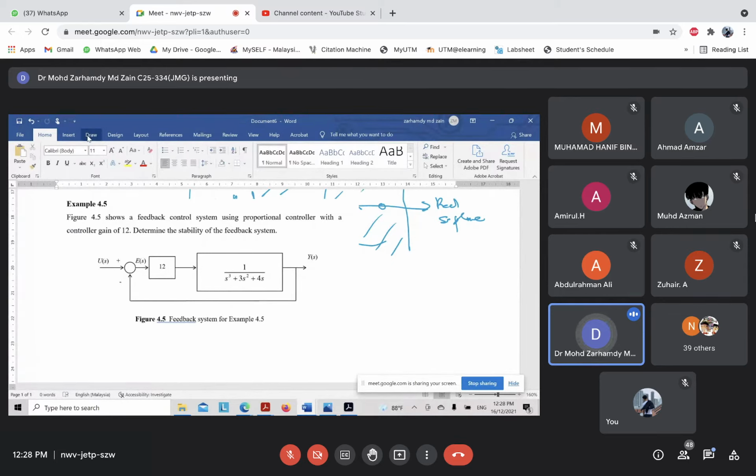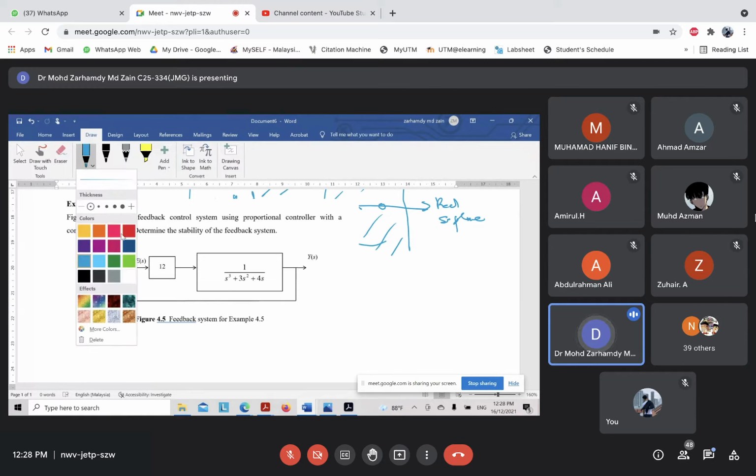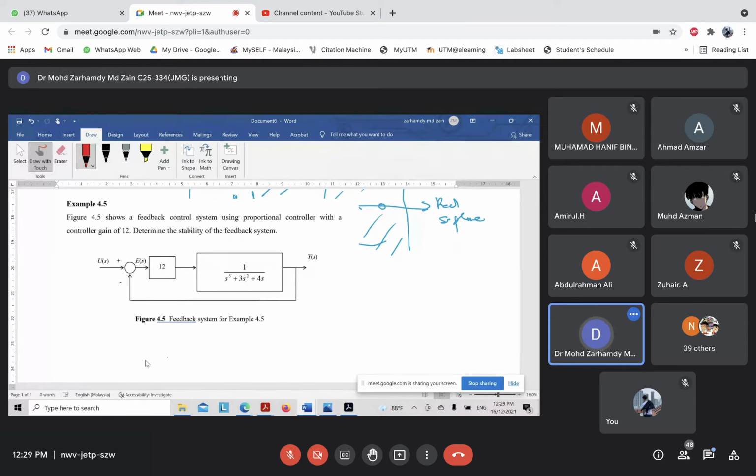So sekarang ni apa kita nak buat adalah we come up with this transfer function. You can also determine the transfer function. So our transfer function is Y over U equal to KGH over 1 plus KGH.